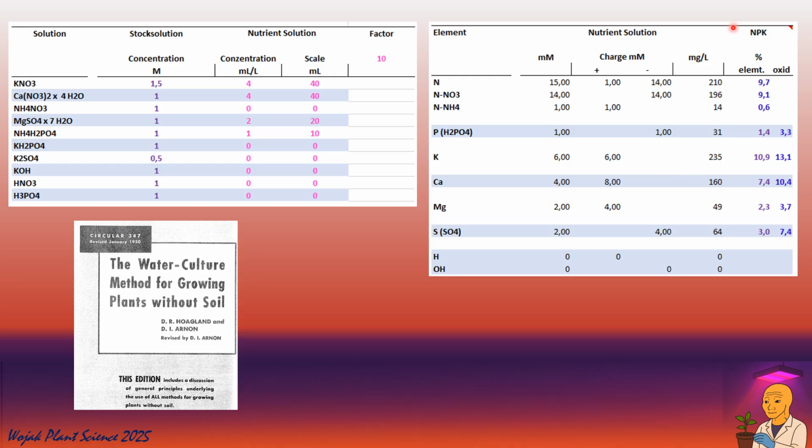Okay, the last column here we have NPK, because basically when you mix these salts, it is the same as when you have solid fertilizer and you mix that. So you can also calculate in percentage what the total nitrogen is in 1 liter.